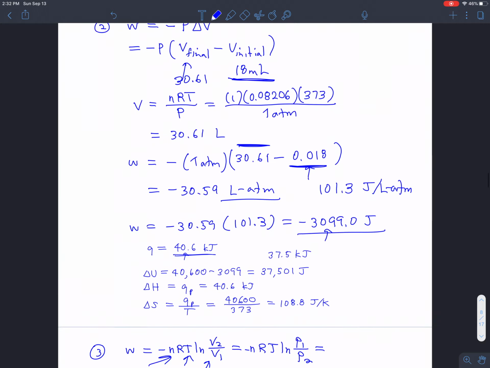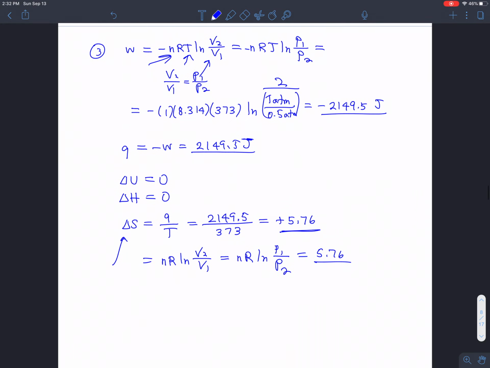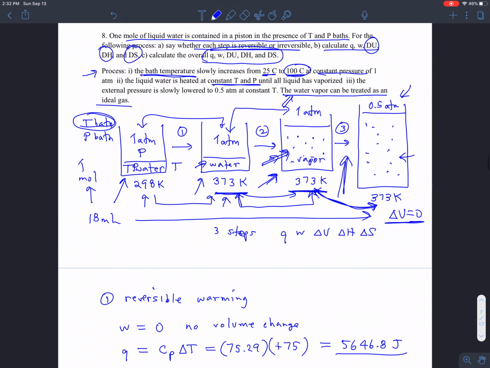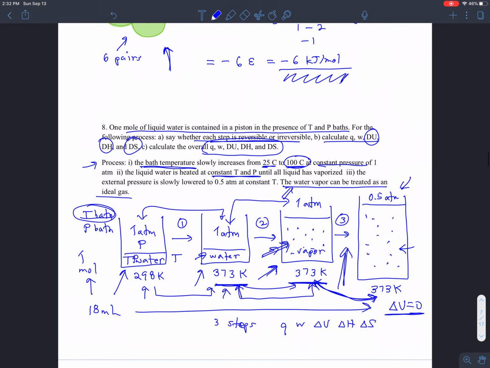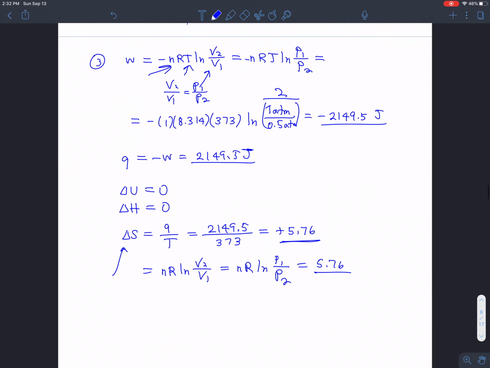All right, that's it for the various steps. We've answered the whole question now one step at a time. All that remains is to calculate, if I remember right, the total changes, the overall changes for Q, W, energy, enthalpy, and entropy.